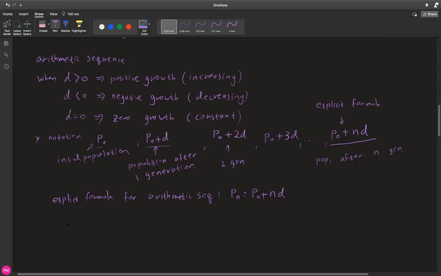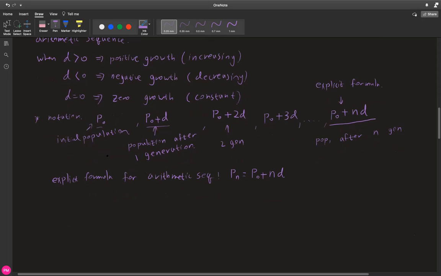So going from the initial population to the first generation, what happened here is you added the common difference.